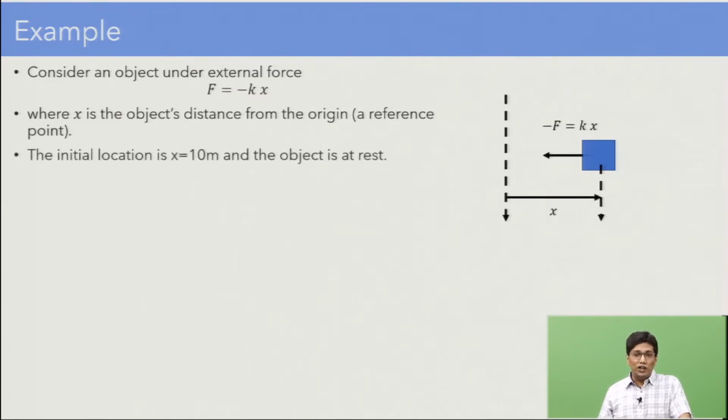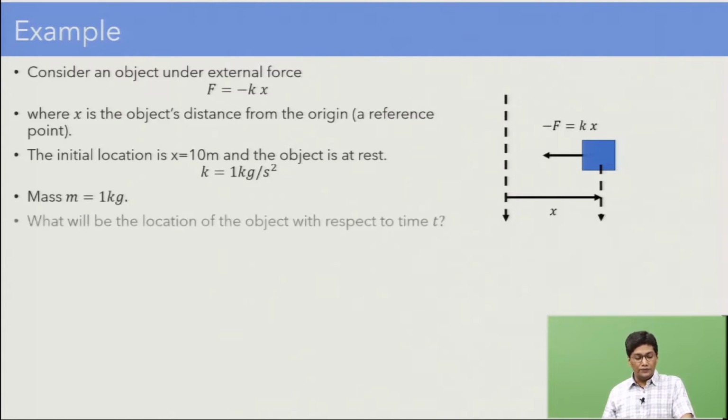Suppose the initial location is 10 meters and the object is initially at rest, so the velocity is 0. If you leave this system, then due to the force it will start moving. Suppose k is given as 1 and the mass is also 1 in standard units. Our goal is to understand what the location of the object will be with respect to time t.